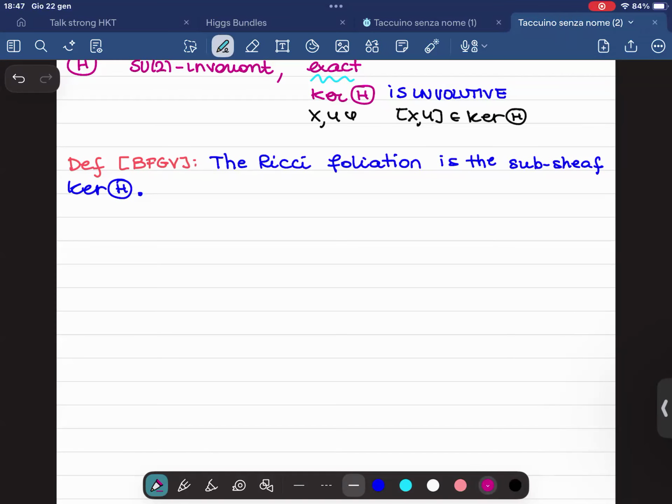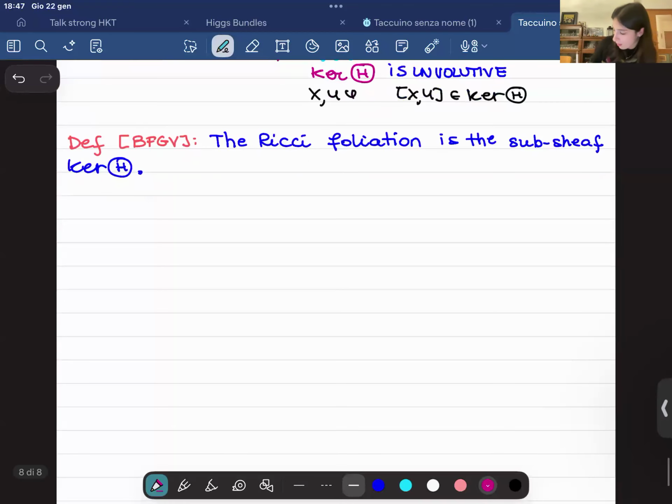No, but in the case of our interest, in our favorite case, which is the strong HKT, this theta coincides with the differential of the Lee form.